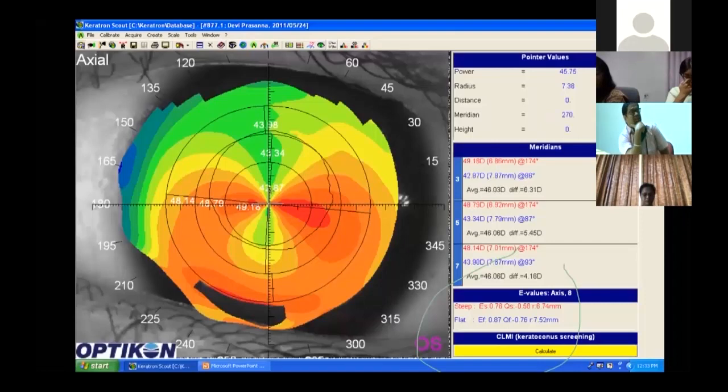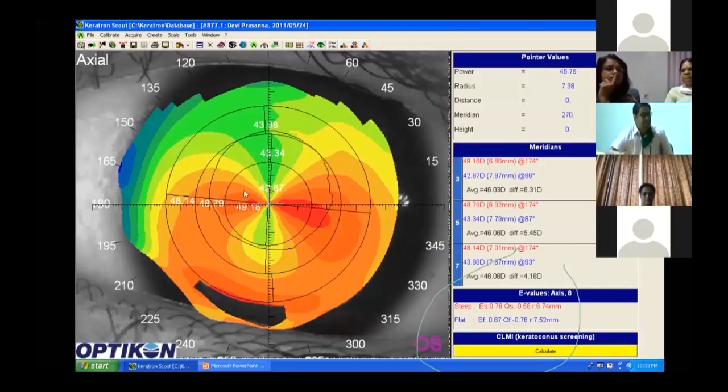So this is another map with this Opticon which is showing you against-the-rule astigmatism with a horizontal axis. A crab claw pattern is seen, which is diagnostic of PMD.